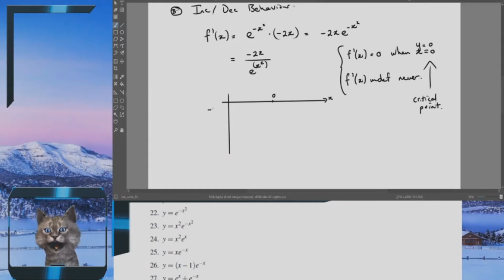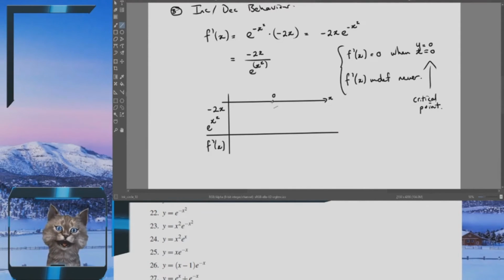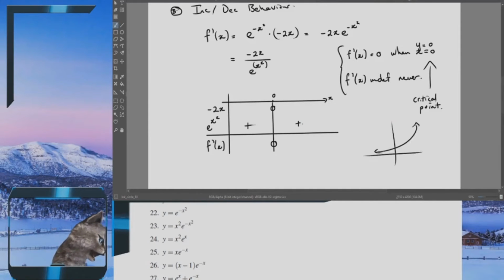I have a negative 2x. I have an e to the x squared. Together they give me the first derivative. Split it up over here. 2x is 0 when x is 0, it's in the numerator, which makes the whole function 0. E to the x squared is never 0. In fact, it's always positive, because I know what the shape looks like of e to the something.